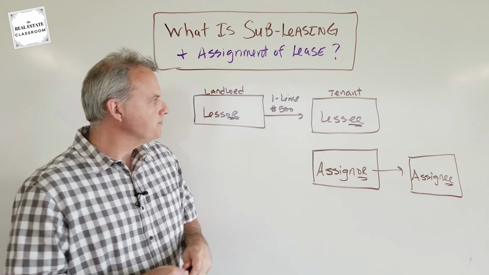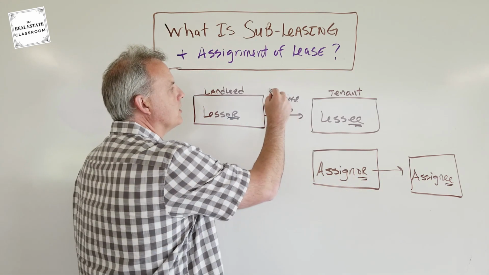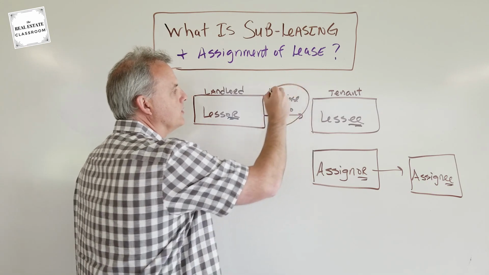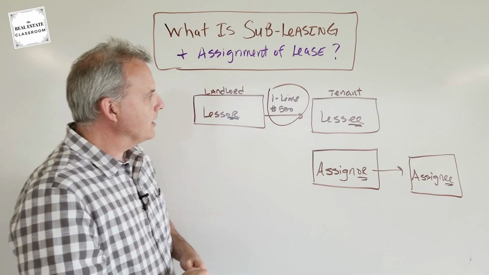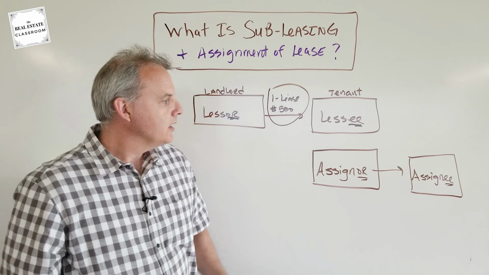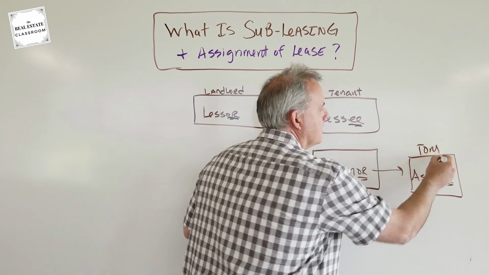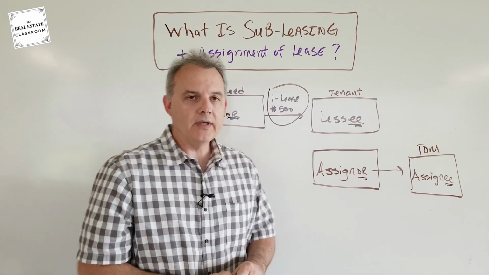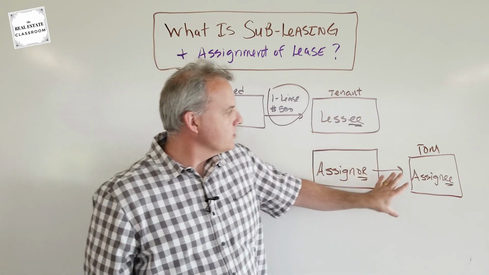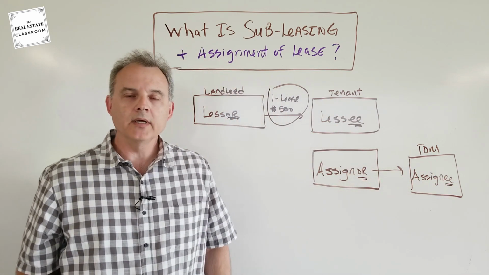Now, here's the deal. The original term of this lease agreement was 1 year for $500 a month, and so forth. So let's say it's Tom that is receiving the assignment. The tenant is going to assign the lease over to Tom.